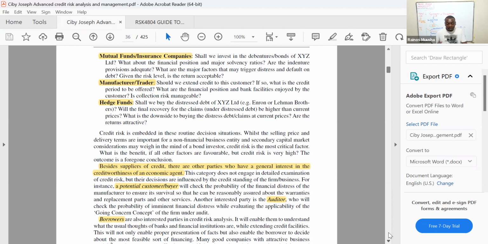Sometimes they even go as far as having a majority ownership in a distressed security, so that they put in place a turnaround strategy and recover the distressed investment. For example, if it's a distressed company, they buy majority ownership in the distressed company and come up with a turnaround strategy.